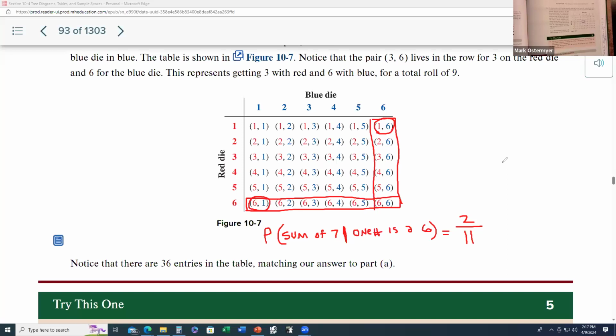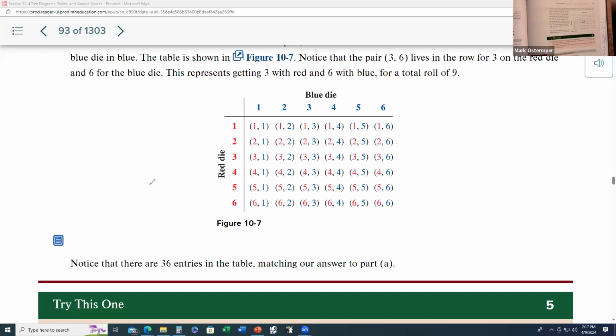All right. Listen to this question. Given that we roll doubles, when we roll 2 dice, what's the probability we roll a 3?